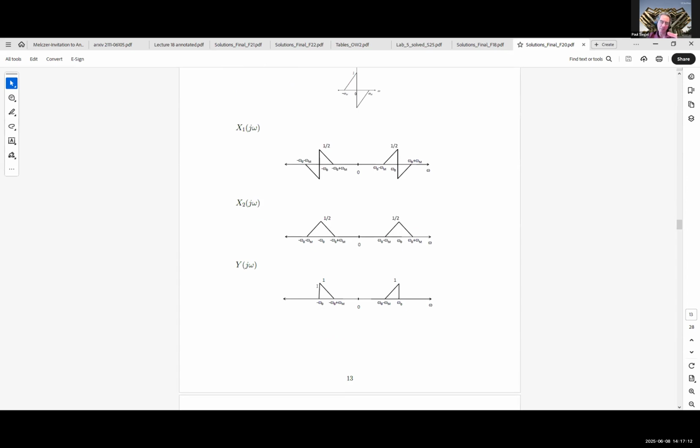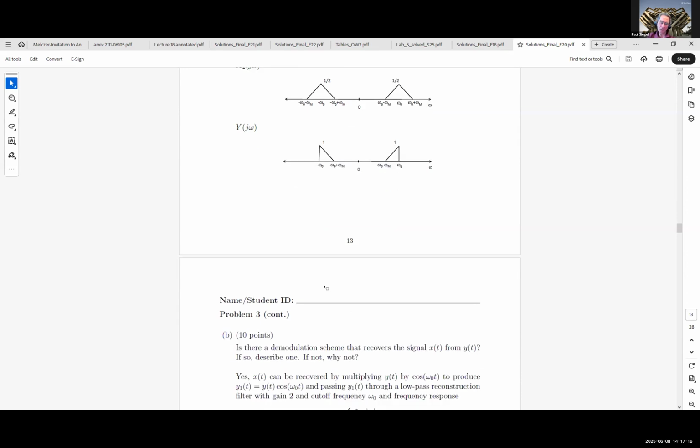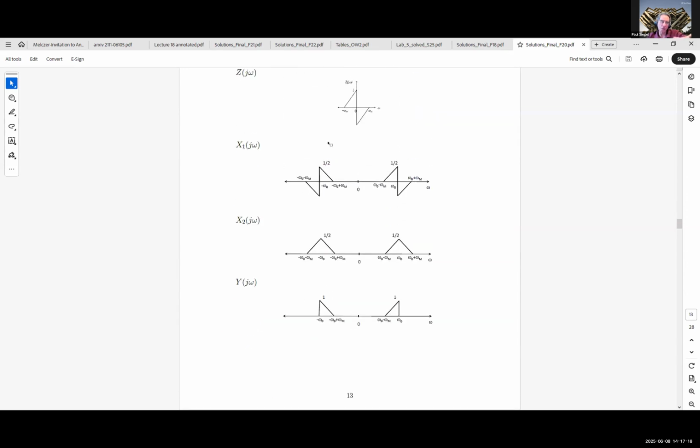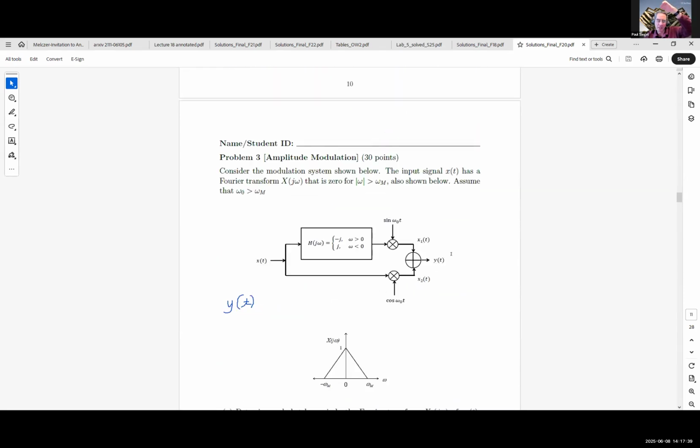It wasn't exactly the same, but you end up with this as the thing that you're dealing with. So this was the transform of y of t. The y of t is what came out after you modulated, went through that filter and so on. The y of t was the signal right out at this point in the diagram.